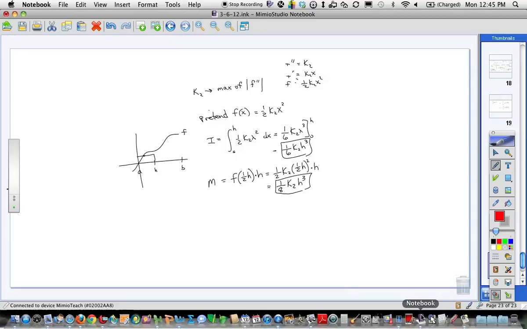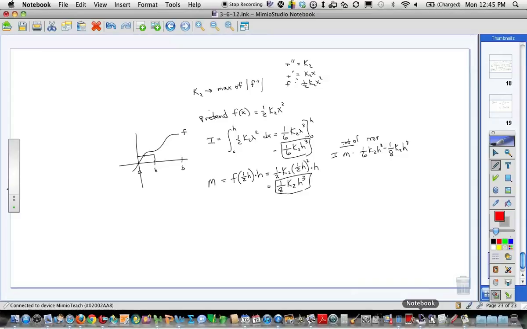So the amount of error, and again, this would be the max error, because this area here, this I here, is this worst case scenario area minus the midpoint. So if I subtract those, I minus M would be 1/6 K2h cubed minus 1/8 K2h cubed.